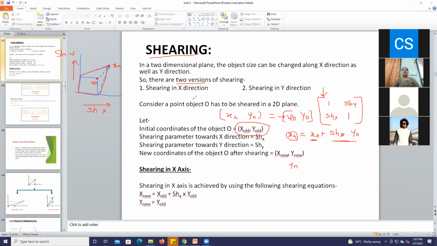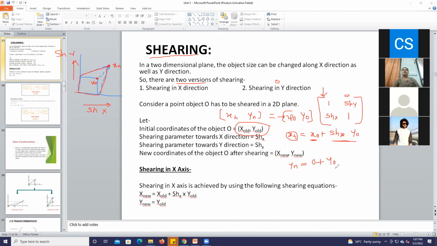So if I am taking along x direction, the shear factor along y is equal to 0. So I will put here shy equal to 0. Now I will perform the multiplication. So what will be the yn value? Yn is this row multiplied by the column. So x0 into 0, it will be 0 itself, plus y0 into 1.